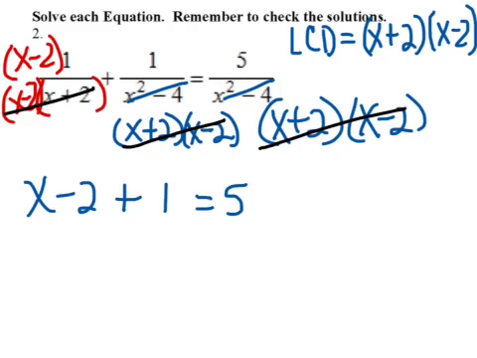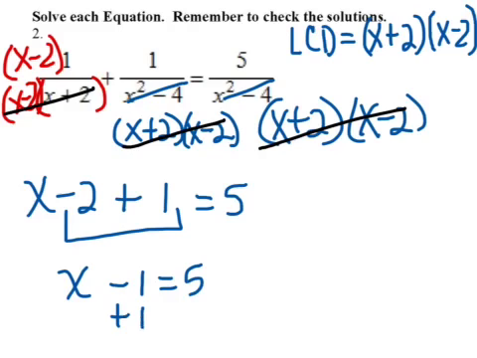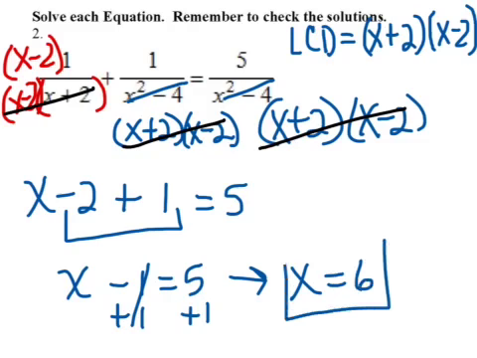Let's solve this resulting equation. Negative 2 plus 1 gets me a negative 1 set equal to 5. Then we'll add a 1 to both sides. Therefore, my value of x is equal to 6.